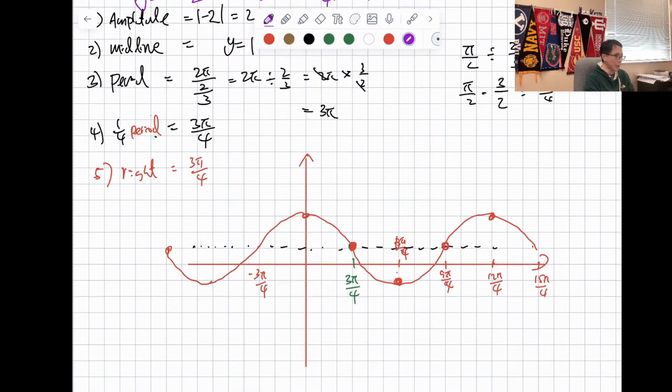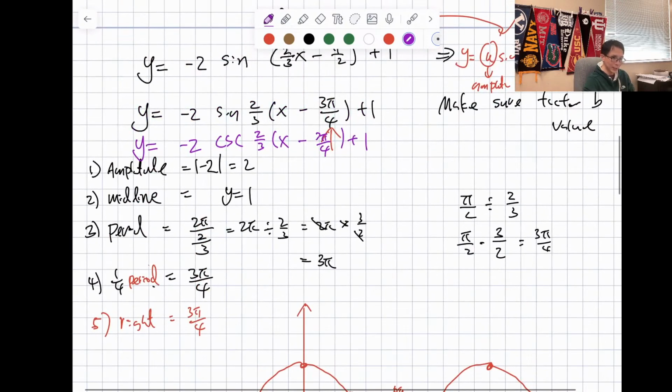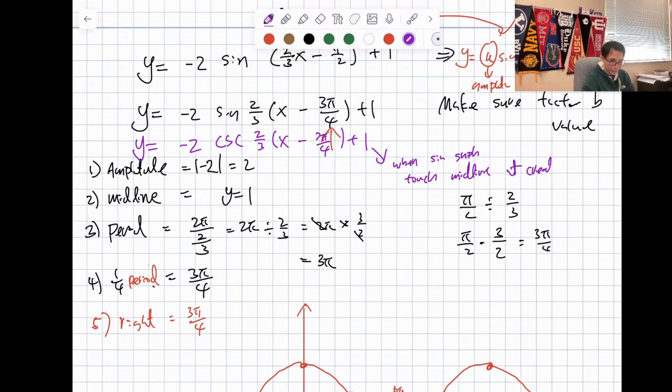But you have to know one more thing: when the sine graph touches the midline, it creates a vertical asymptote.